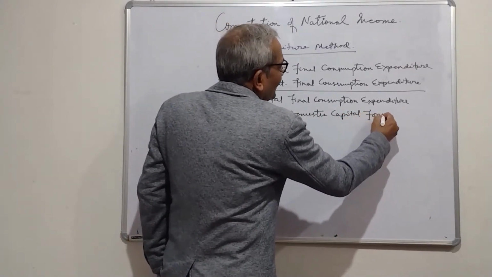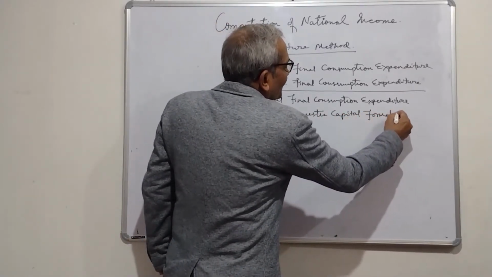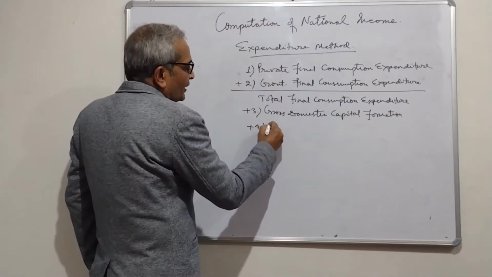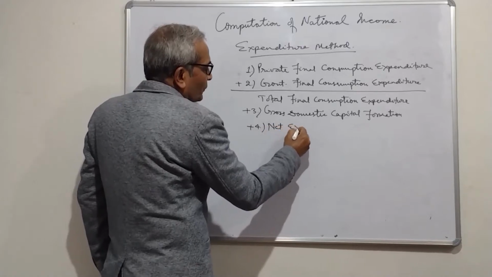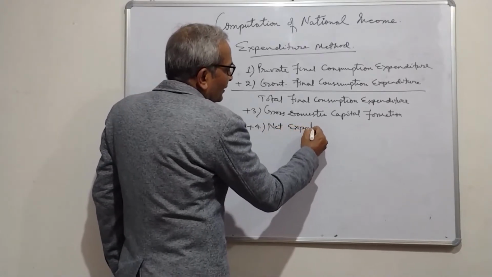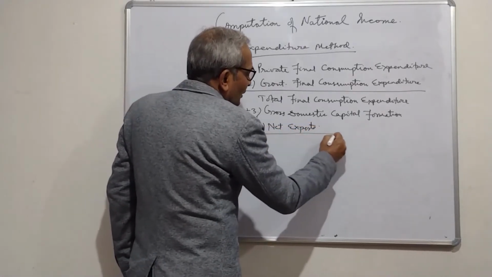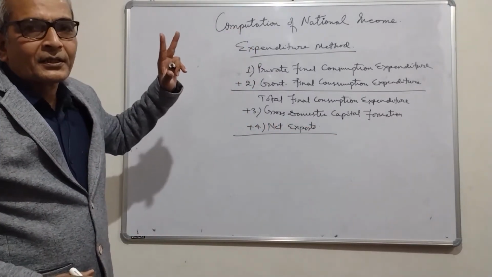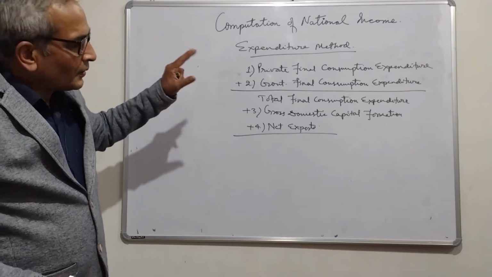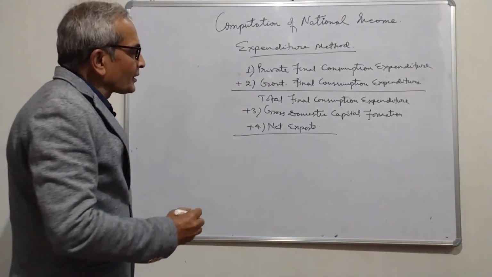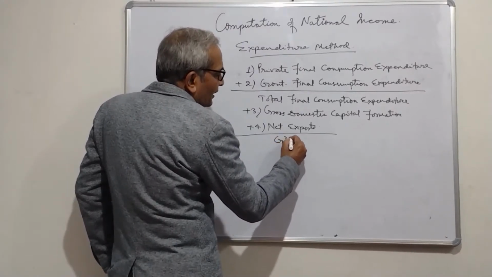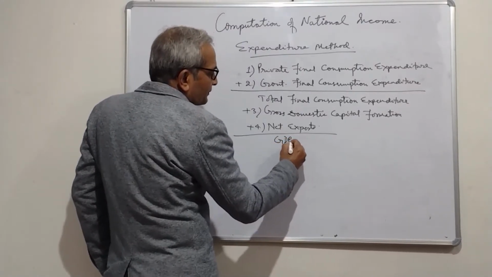And the fourth item is net exports. So, like income method, here also we have four different items. Right? When we add these four items, we get GDP at market price.